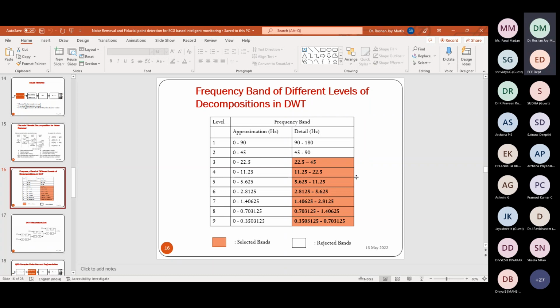These many subbands we require, and other subbands we don't require. So once we decompose the ECG with the discrete wavelet transform, we can consider only these subbands, and whatever coefficients we get in all other subbands, we force them to zero, and then compute the inverse discrete wavelet transform, and we'll get the denoised signal.